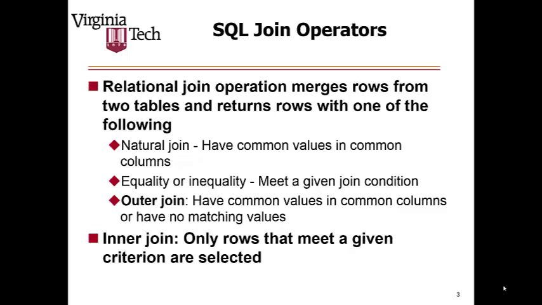Occasionally we'll do an outer join where we want to find, in addition, one or the other: all of the instances from the first entity, whether they have a match or not, or vice versa, all the rows in the second table, whether there's a match in the first table or not.